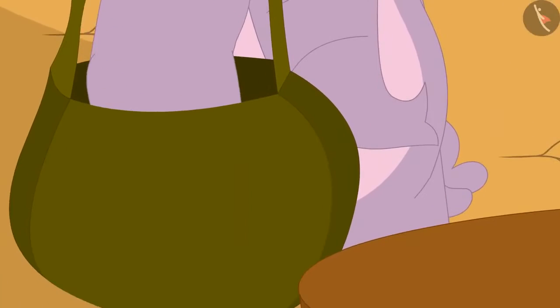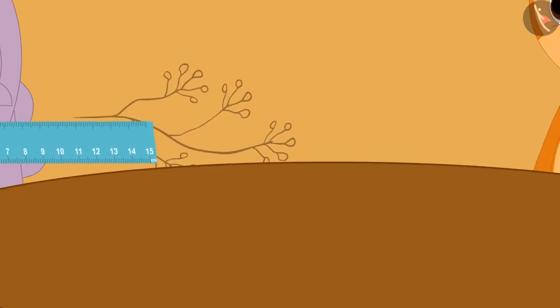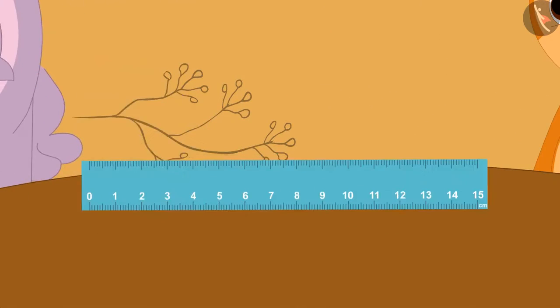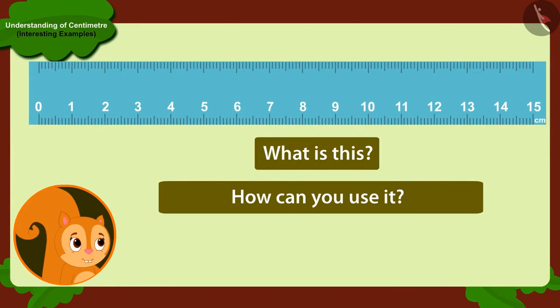Appu took out a plastic strip like this from his bag and placed it on the table in front of Chanda. Chanda asks him, What is this plastic strip? And how can I use it to measure the length of objects in centimeters?